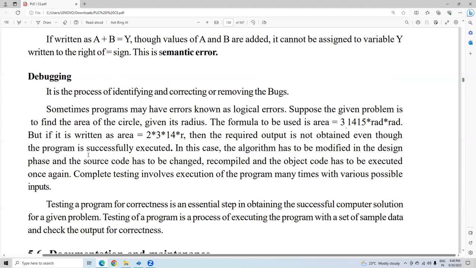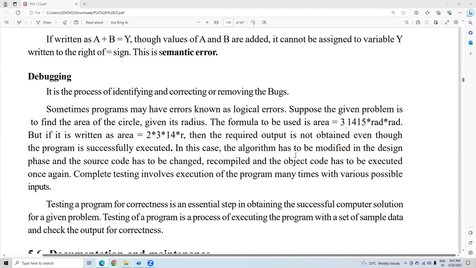Sometimes a program may have errors known as logical errors. See, programs may also have a third type of error called a logical error. Logical error means the expected output is not coming, right? The compiler will not say anything about your program, that your program is wrong.